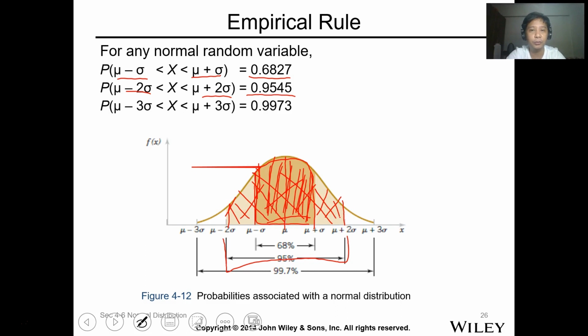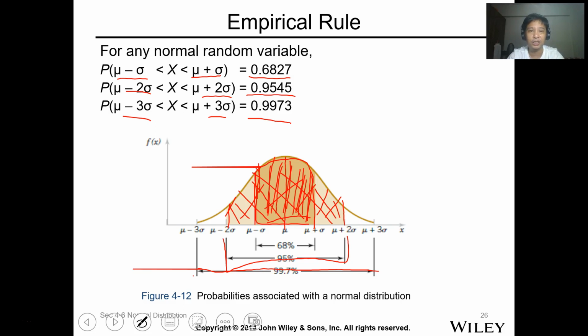So, that's 0.9545. And if you add and subtract 3 standard deviations from the mean, then that's around 99.7% of the total probability or 0.9973.